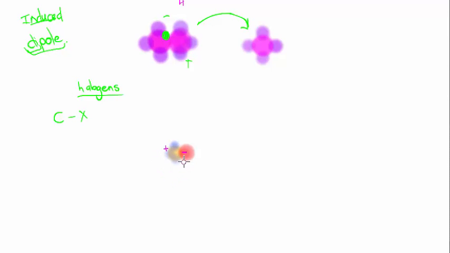Now, the moment that happens, what do we call it if we have poles? Polar, but we call it dipole, so this is dipole forces. And why is it dipole forces? It is not induced dipole, this is dipole forces.